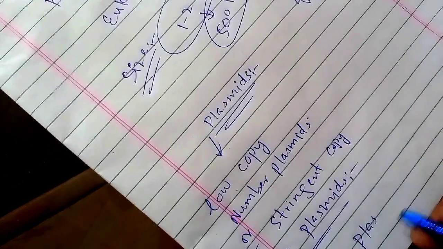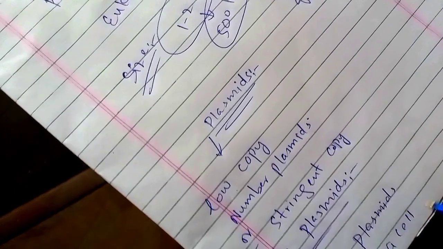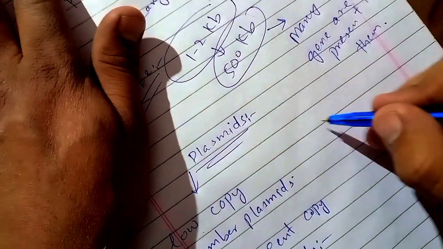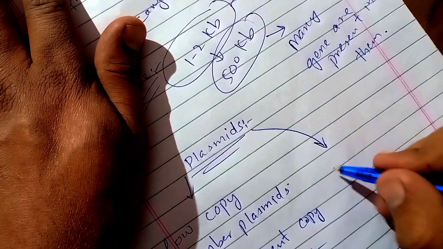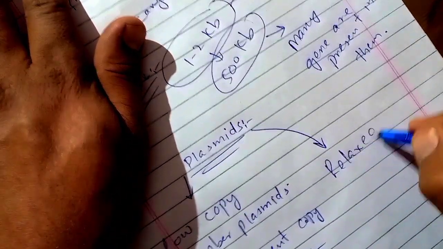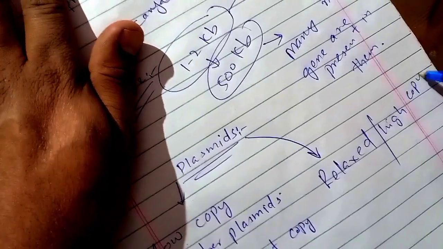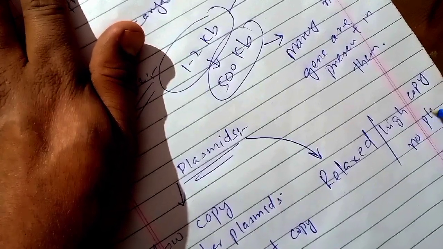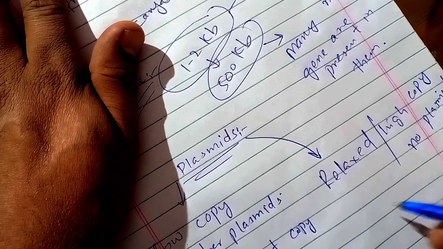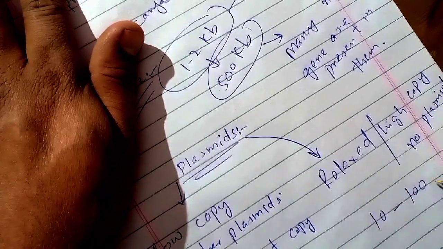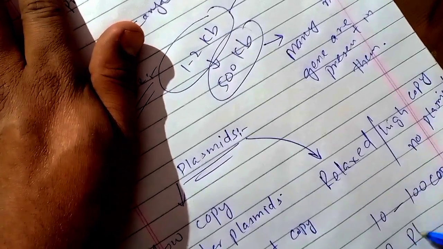The other type is known as high copy number or relaxed copy number plasmid, in which 10 to 100 copies of plasmids are present in a cell.